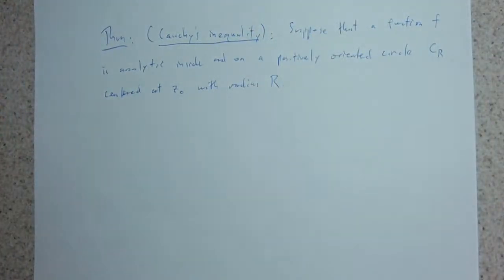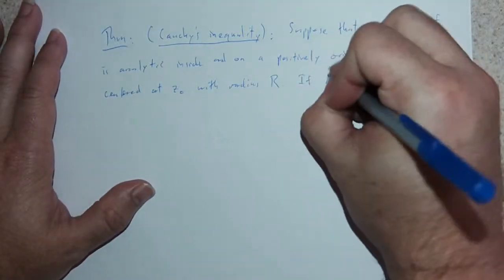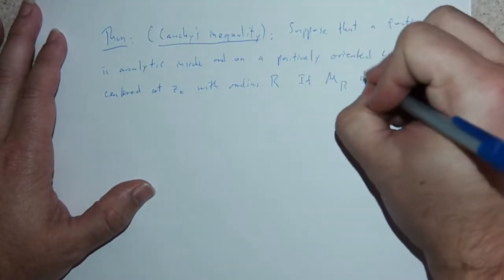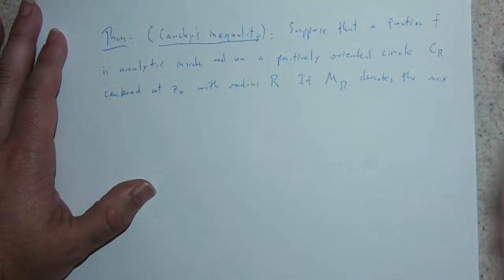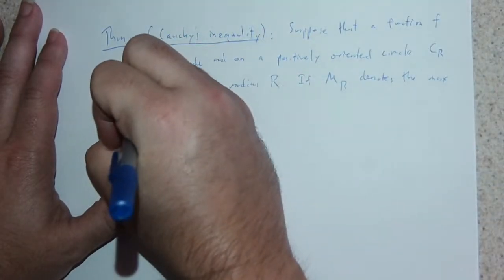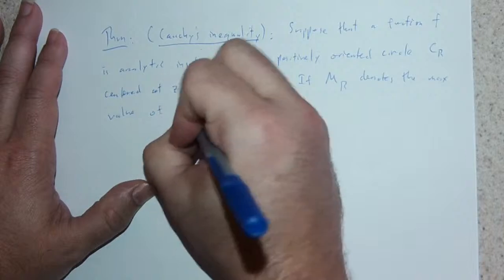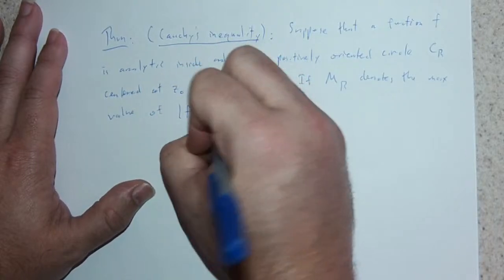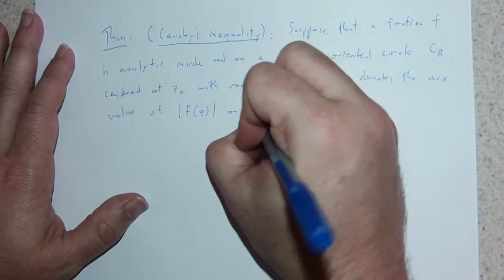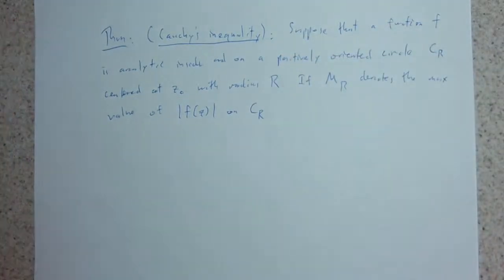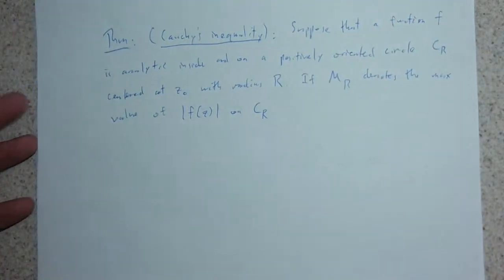If big M sub r denotes the maximum value of the modulus of f of z on C sub r. First of all, why would this exist?